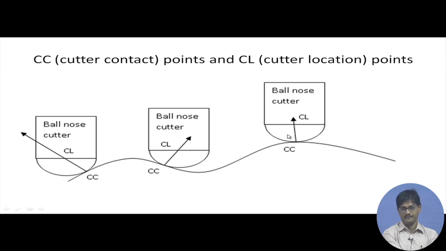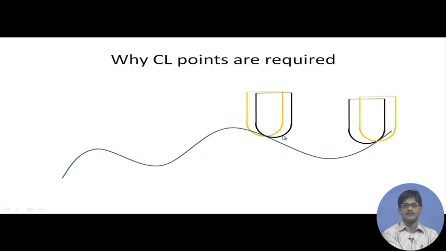No, this is an example. Say this is one cutter contact point, and this is another. If I ask you to find the corresponding tool positions, the yellow positions mark where I have arbitrarily put the bottommost point of the tool through these points.